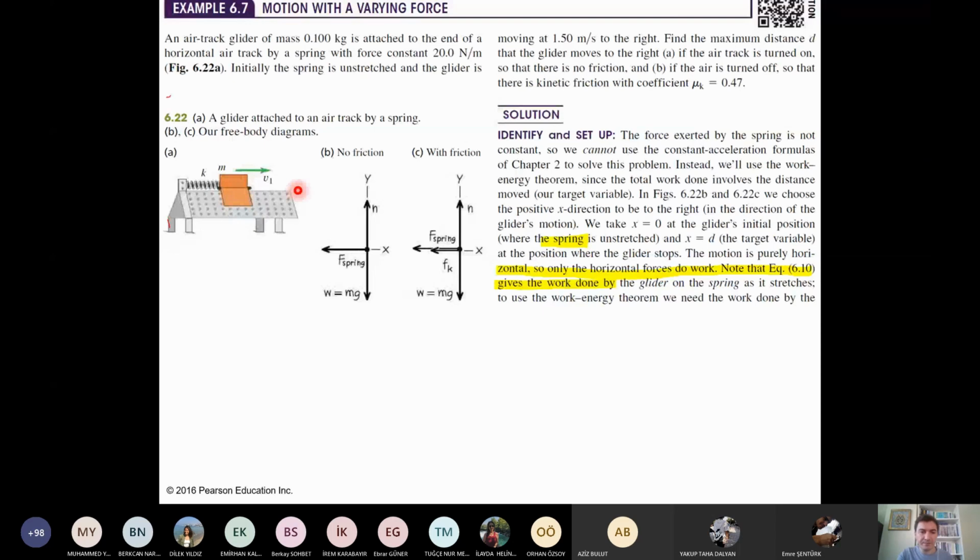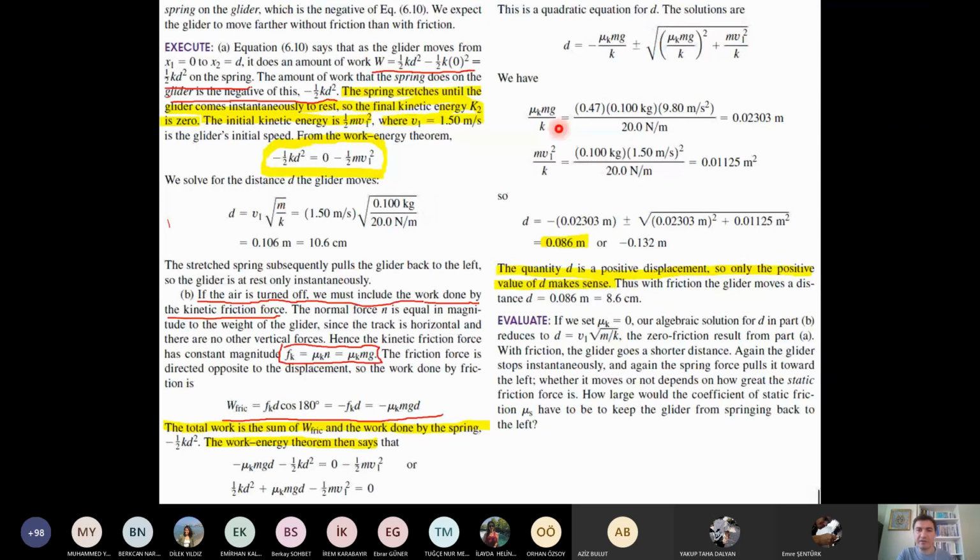Okay, then from this equation, if you put all numbers into the equation, you will get 0.086 meter. So look at this one. This is 8.6 centimeter, if you convert from meter to centimeter.